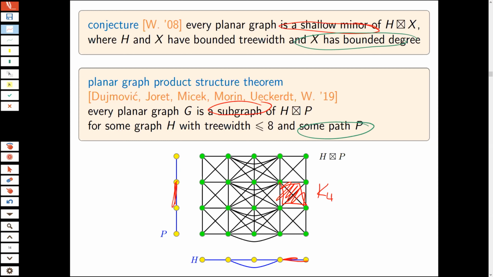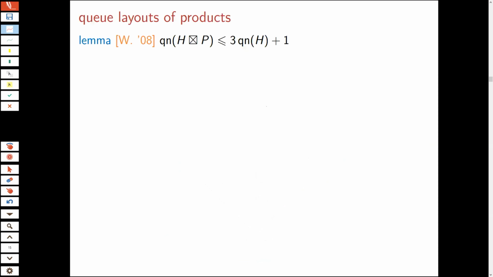So what do you need to do to prove that planar graphs have bounded Q number using this product theorem? Well, as I mentioned on the previous slide, we'd already proven that graphs of bounded tree width have bounded Q number. So all that remains is to study the products, where you take H times the path. And it turns out that I had already done that a long time ago.